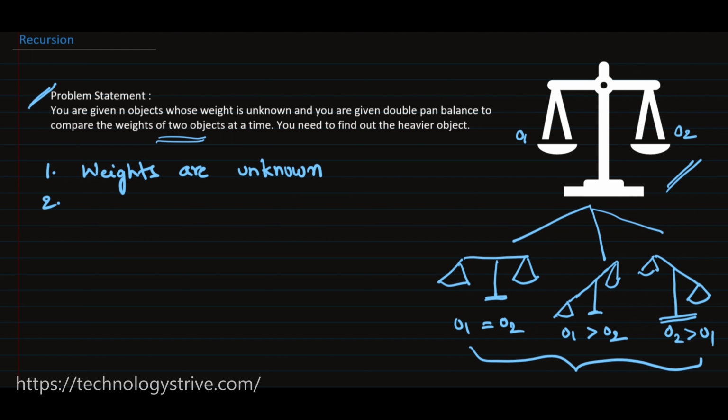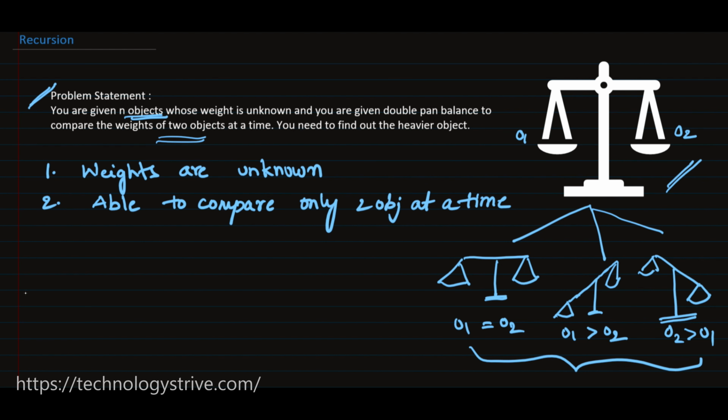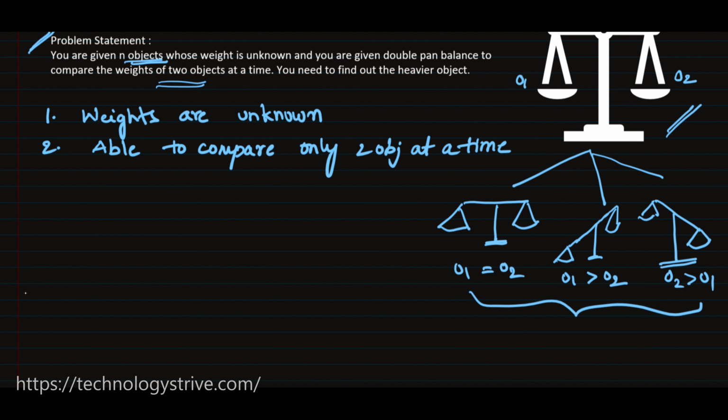The second rule is that we are able to compare only two objects at a time. So how will we find the heavier object in the given list of n objects? Let's see how we will solve this problem.